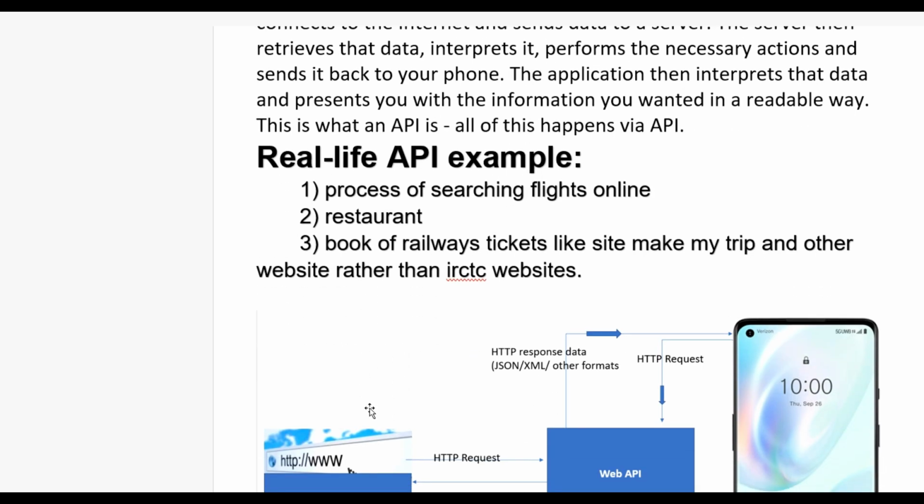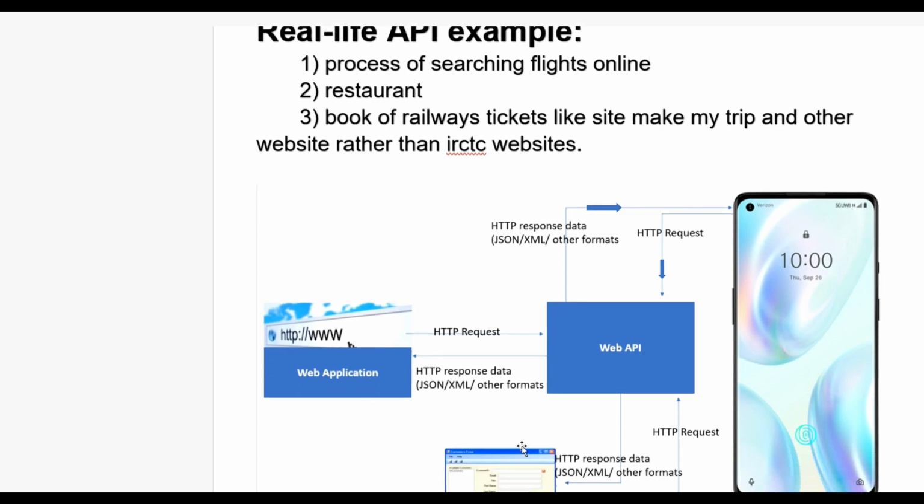So you can see in the figure, the web API. The call from the web application by the browser sends an HTTP request to the web API, and after processing, the web API gives the result as data, not in HTML format.